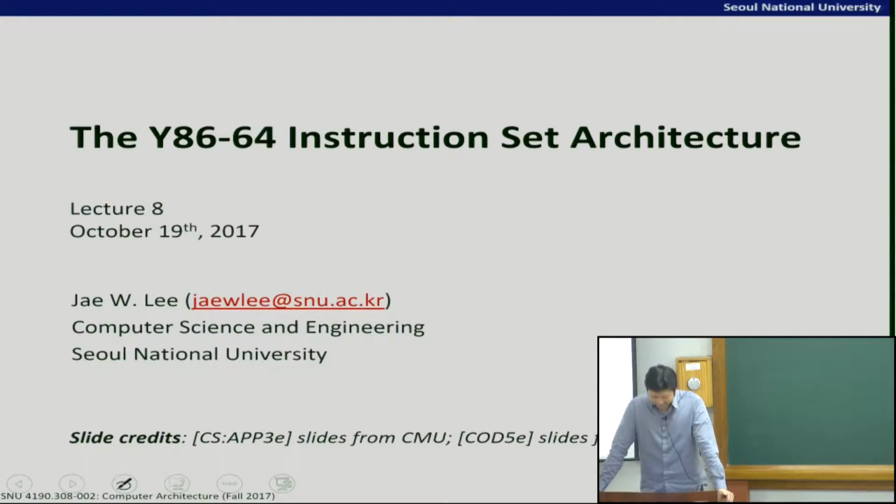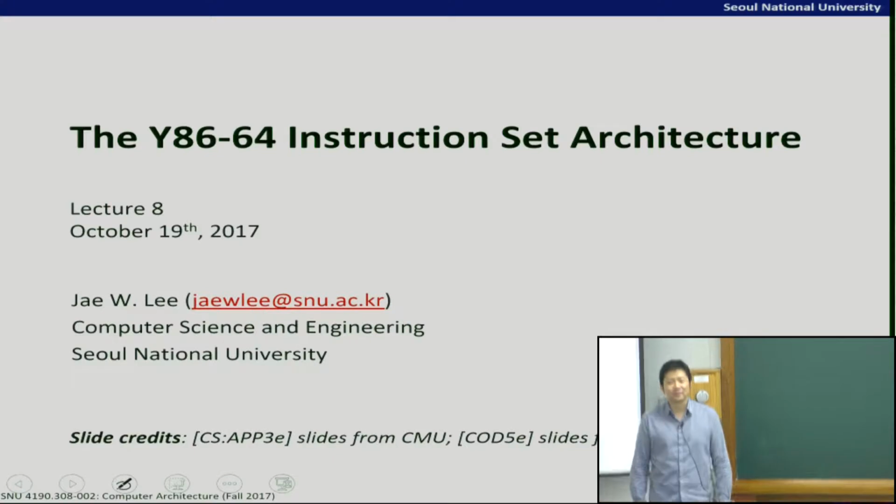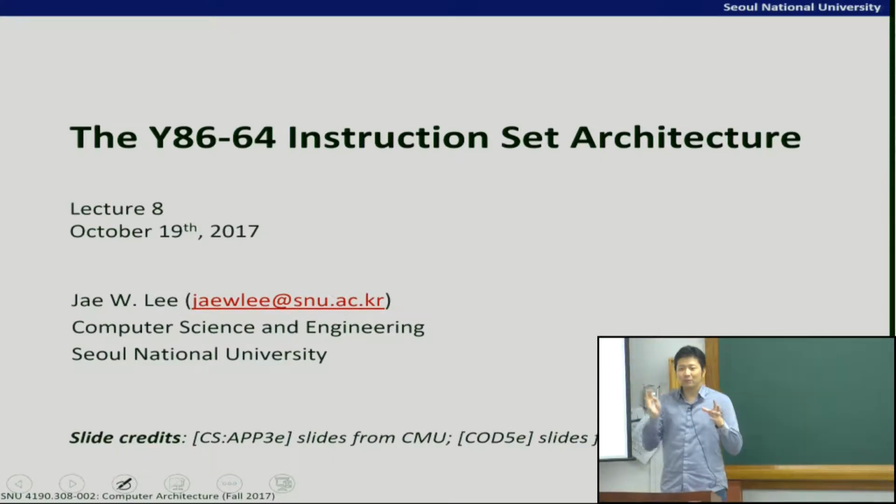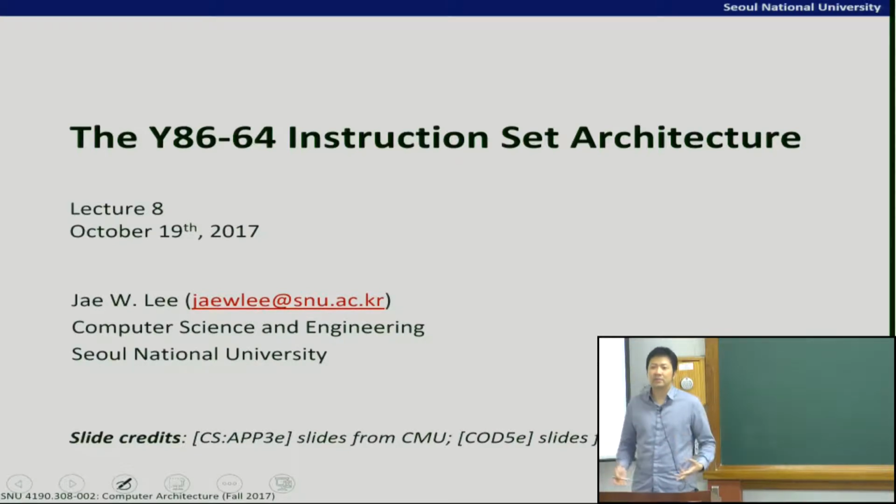Let's start. Today we're going to finish the x86-64 ISA. The point of having this separate ISA is that we want a small subset of x86-64 which is simple enough to implement in hardware and complex enough to make some interesting programs.